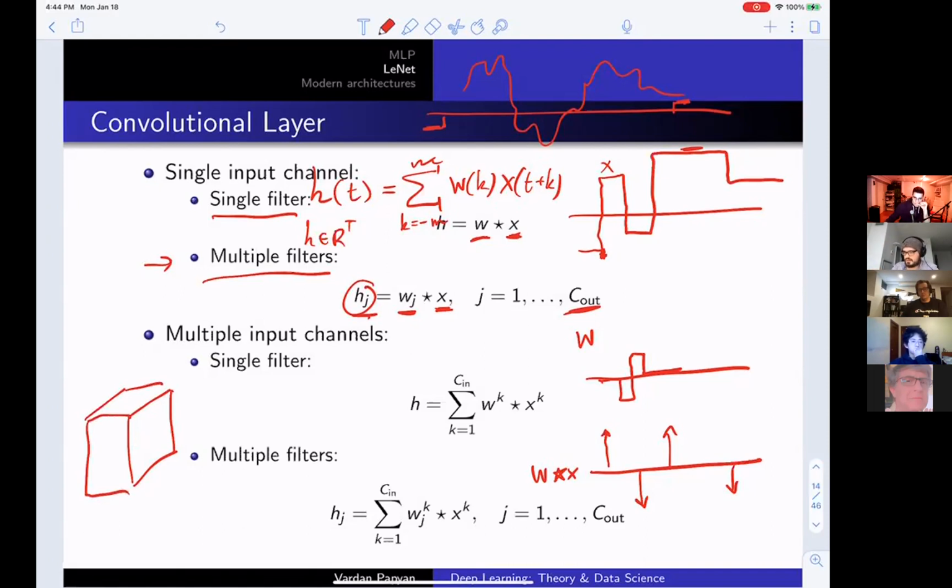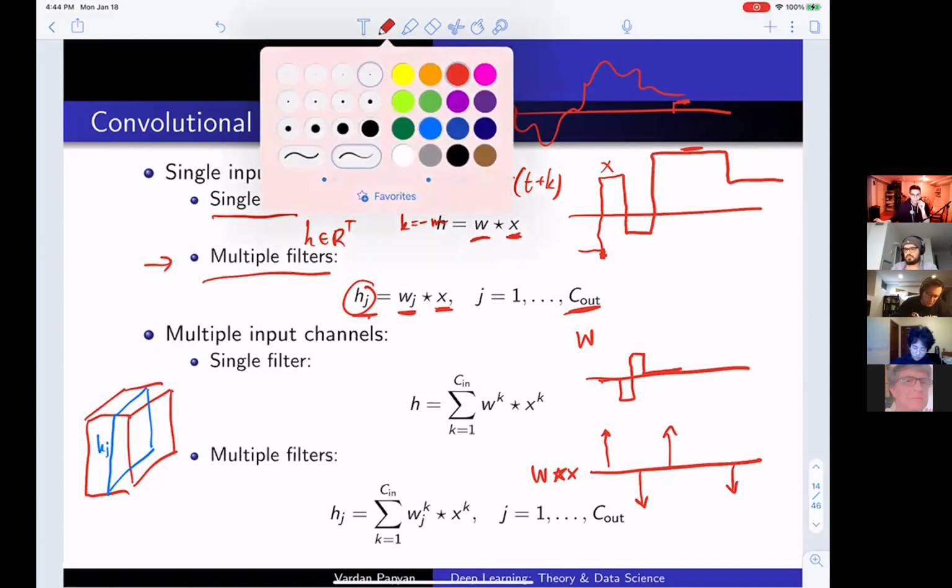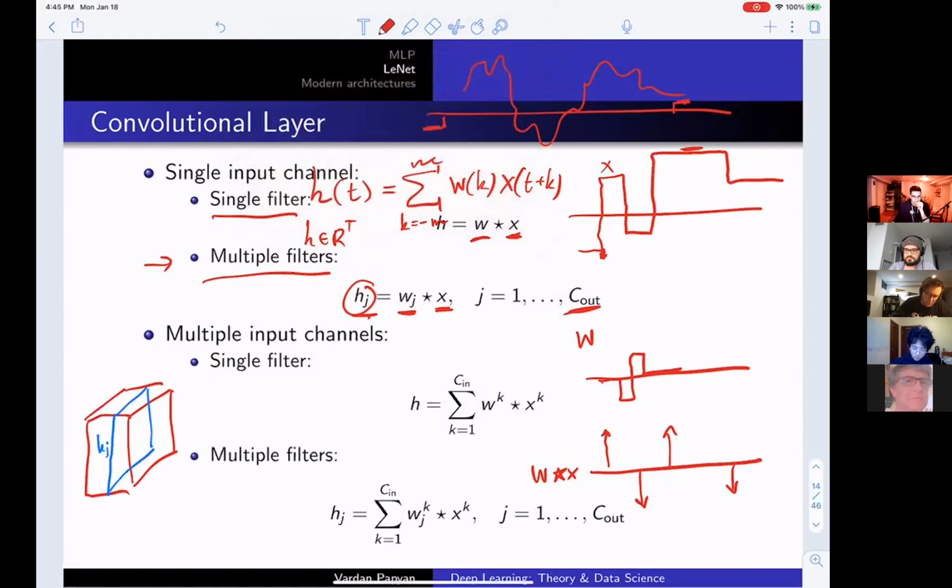A slice here is HJ. If you stack all the slices together, you get the output of the multiple filters. So a filter is what I called W here. You can think of it as just a small vector, or a small matrix in the case of 2D convolution.